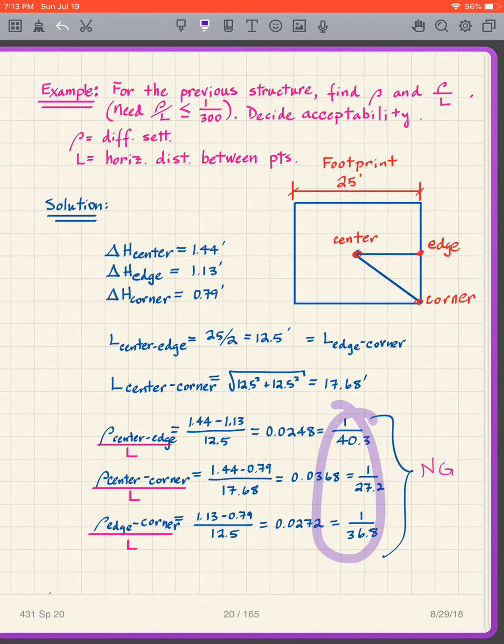We get these values, and what do we find? They're bigger than my 1 over 300, so this particular foundation does not work. We have to make some adjustments, and we'll talk about what to do when you encounter this. You say, we can't build this.